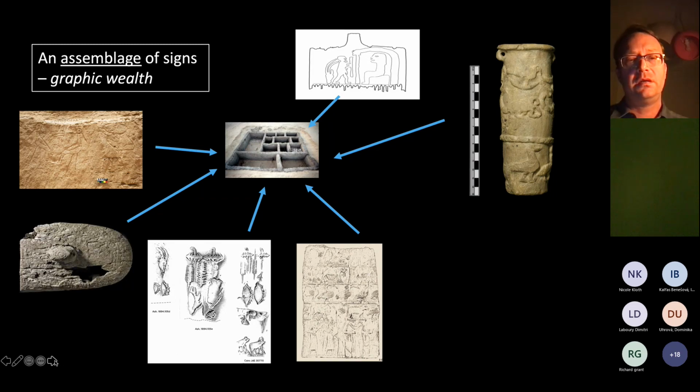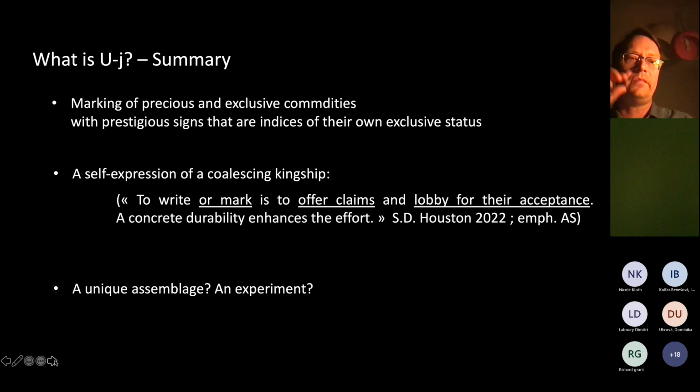Whereas in UJ, you have all these signs collected as if UJ was sort of siphoning up all this graphic riches of the time. And so the signs in UJ are not unique. It's the assemblage of the signs that is really unique. And so there's a statement revolving around graphic wealth that is being made here, along with the more general statement on wealth in the tomb.